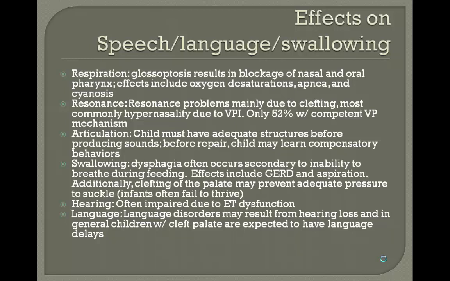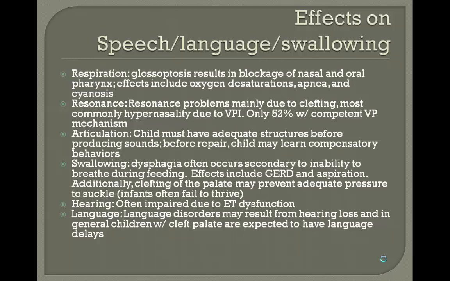As far as articulation, I just wrote here that the child must have adequate structures before they'll be able to adequately produce the sounds. And I wrote that the child may learn compensatory behaviors as a result of not being able to produce those sounds in the first place.